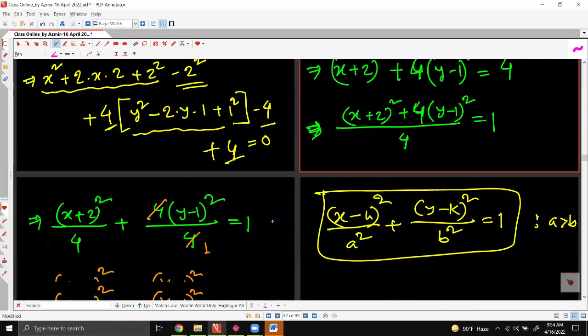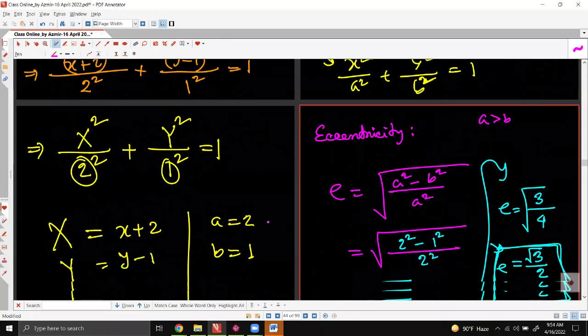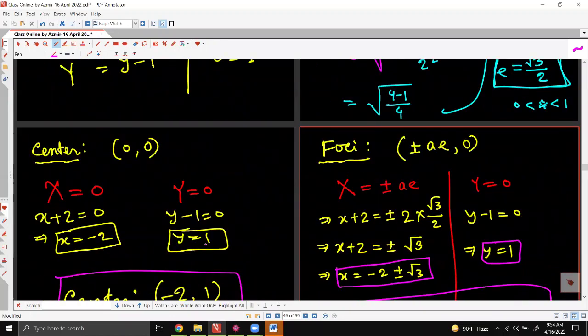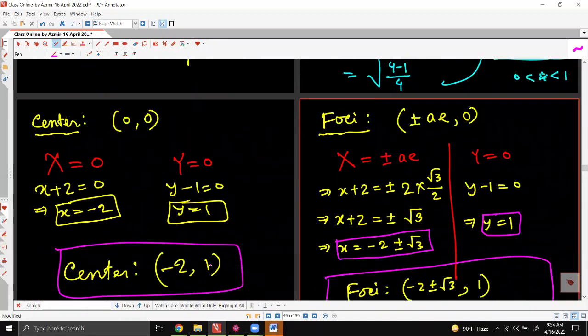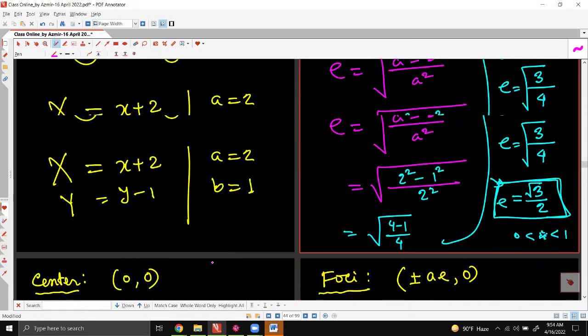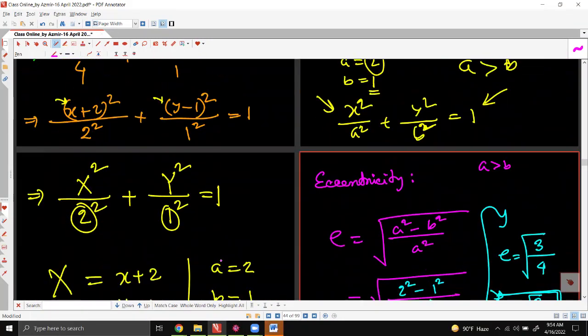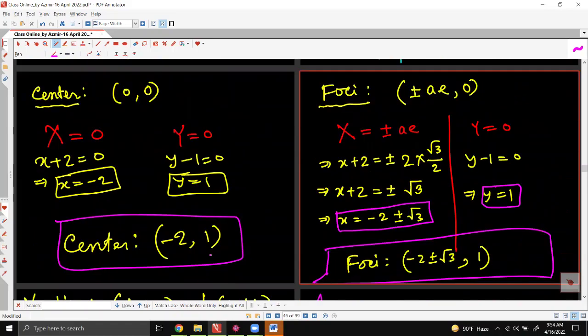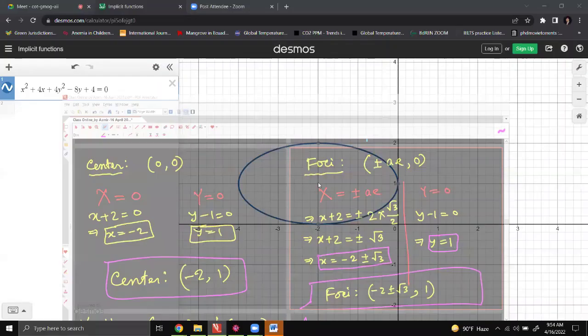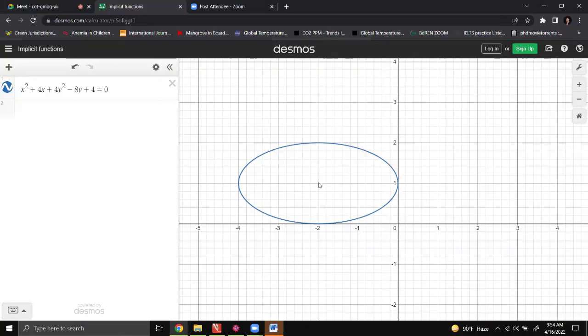Whatever we have found, the center will be at minus 2, 1. You can see we have the center at minus 2, 1 point.